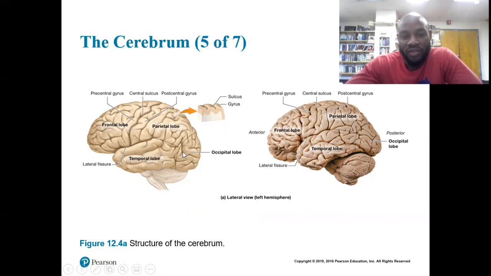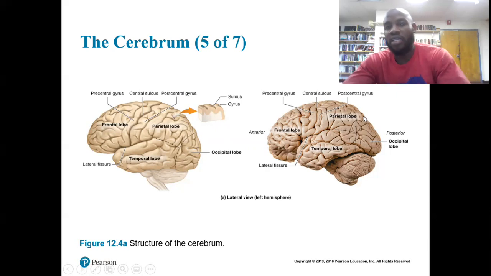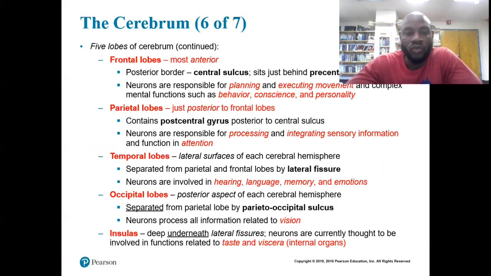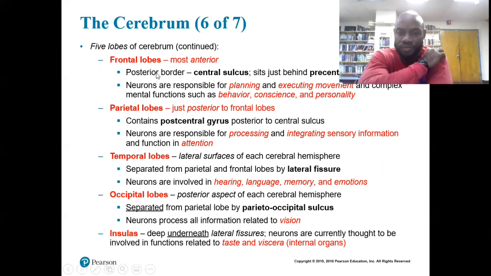And then we have occipital, which is the most posterior portion of the brain. So you see the different sections, different lobes of the brain. Notice you didn't see the insula. That's because it's kind of hidden. We'll talk about that. All right, so these are the lobes.